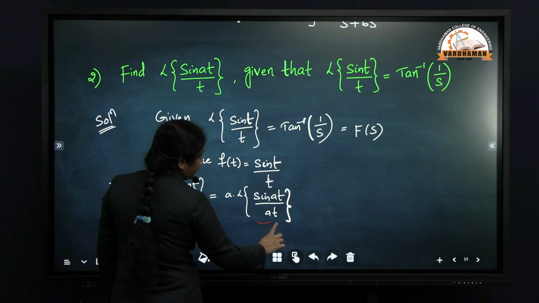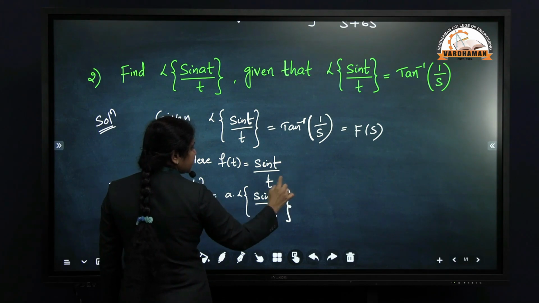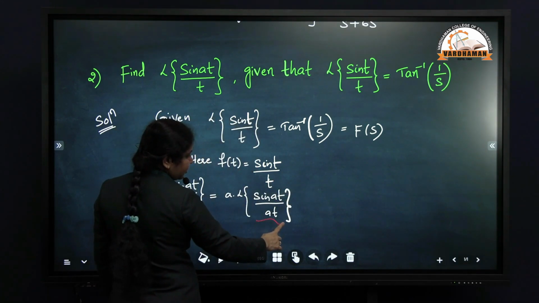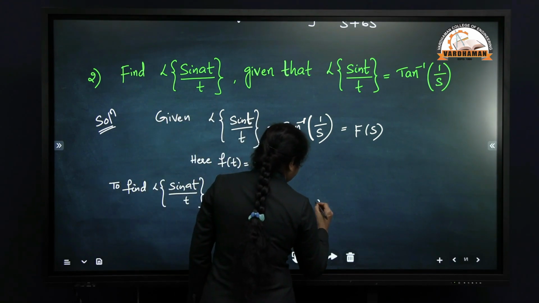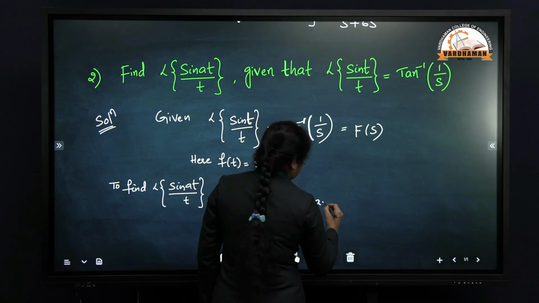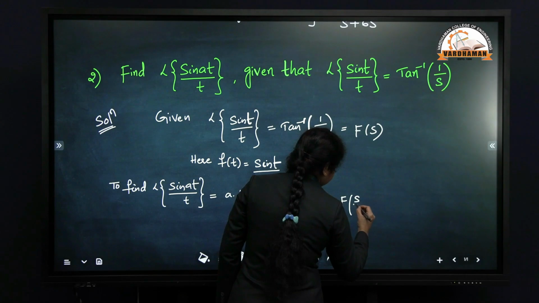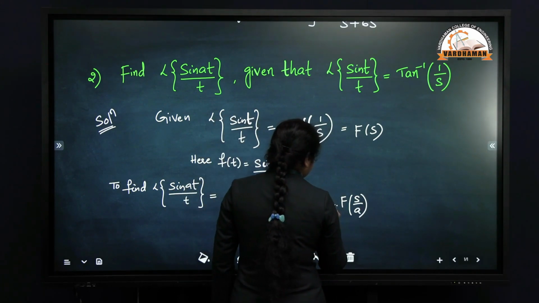Now this is of the form f of at, where f of t is nothing but sin t by t. So then this function becomes sin at by at. So this is equals to a into, this result will become 1 by a into f of s by a, by applying change of scale property.